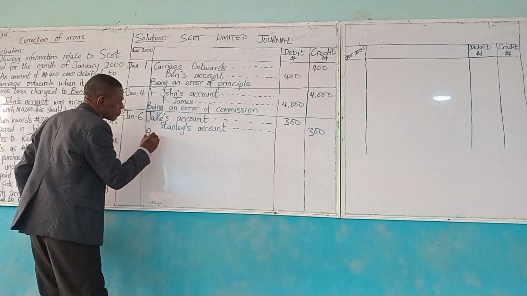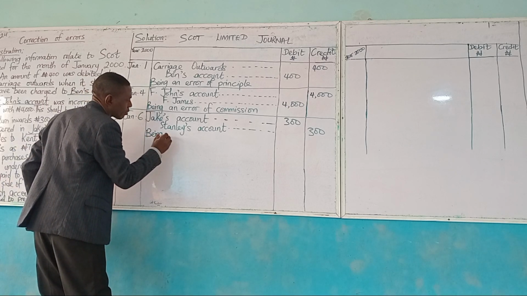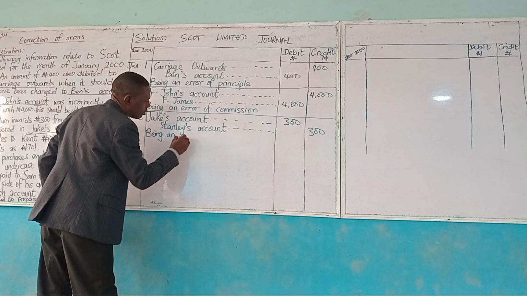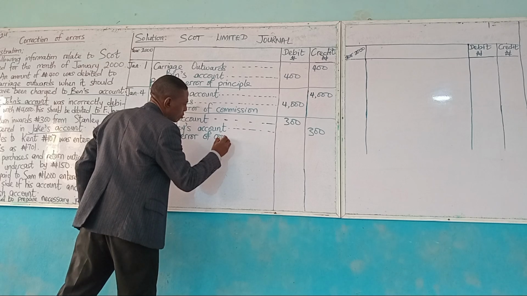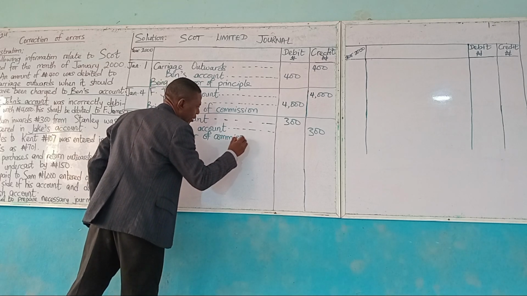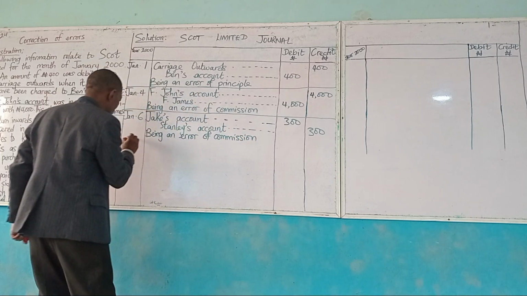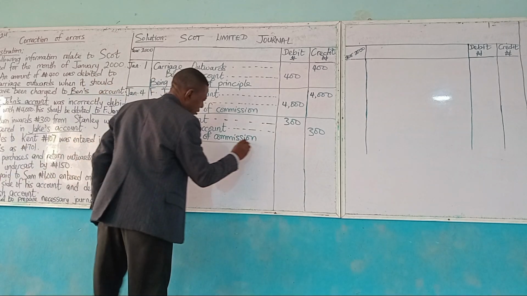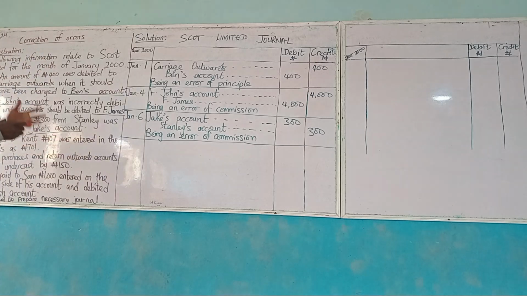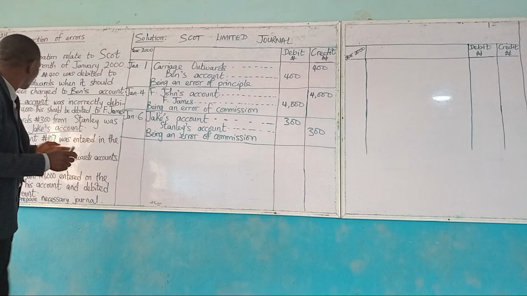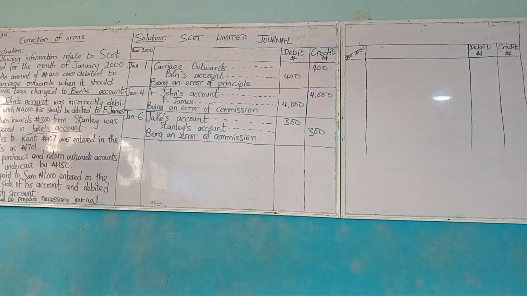Being an error of commission. And if you don't want to say being an error of commission, you can frame your English from the transaction.